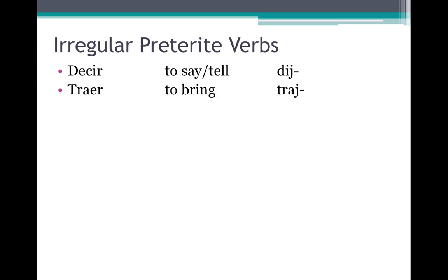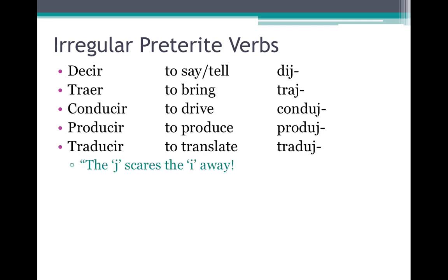Here are some more irregulars. All these were special because they ended in CIR with the exception of traer. But their stems in the preterite have the J sound, the J at the end. The decir goes to dij-, traer, traj-, conducir, producir, traducir, very similar: conduj-, produj-, traduj-.